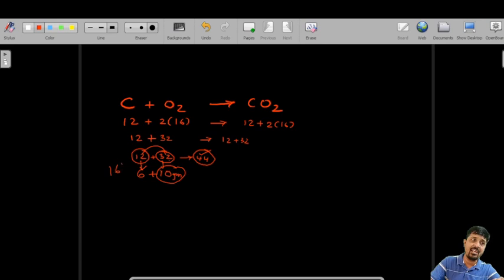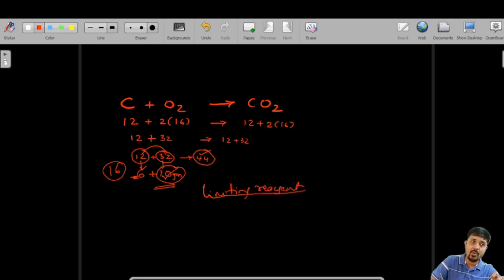Actually we require 16 grams for these 6 grams, but here it is 10 grams. That means if a reactant is available in less quantity than required, then that reagent is called the limiting reagent.